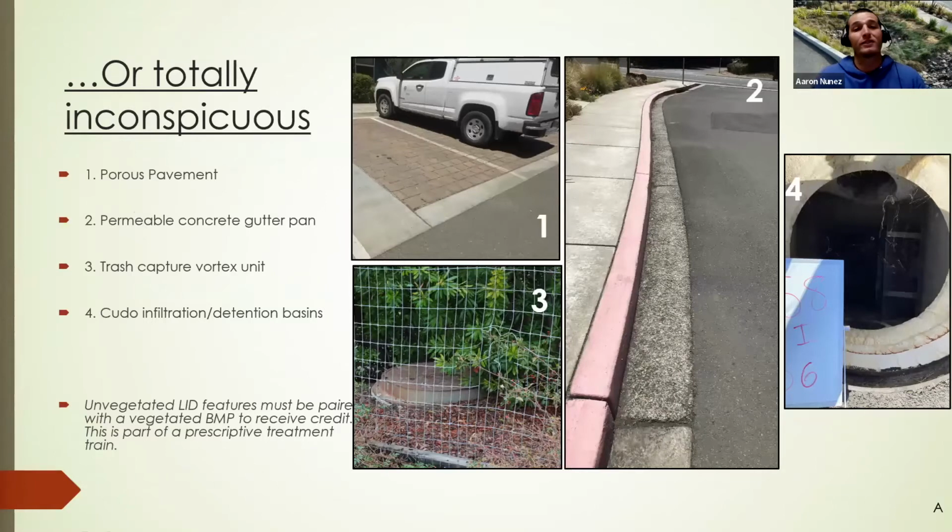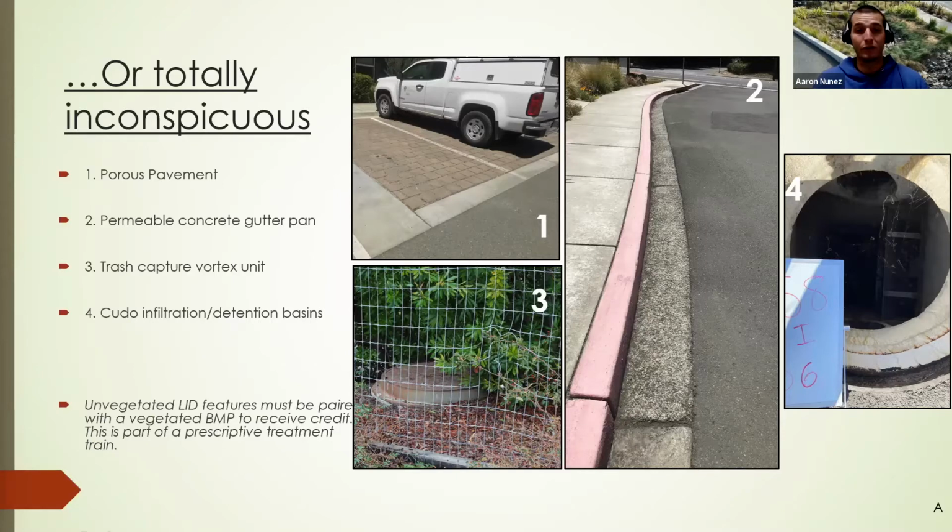We have features such as porous pavement, permeable gutter pans, trash capture units that are underground, and infiltration or detention basins underground meant to just do volume capture. And it's important to note that these types of features are part of what we call a treatment train. As we go into our presentation, we'll dig into that a little bit more, but I think it's good to expose everyone to that right now.